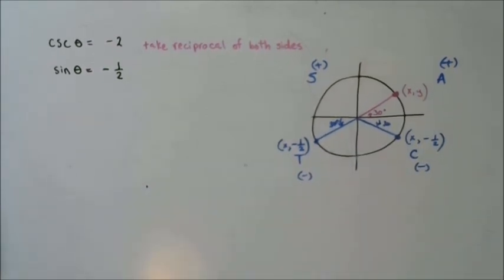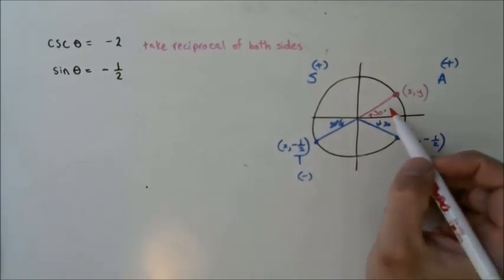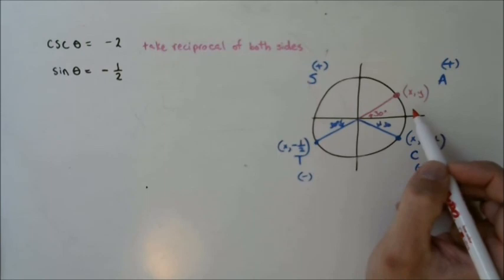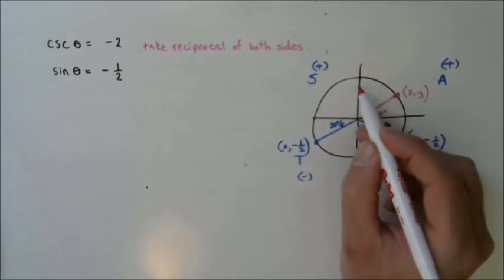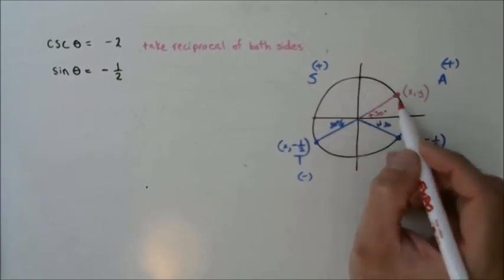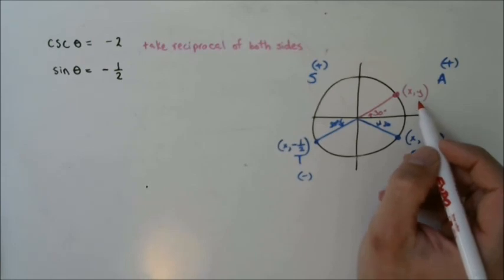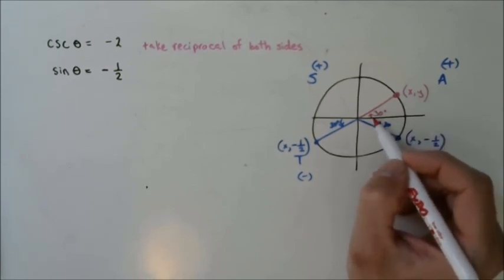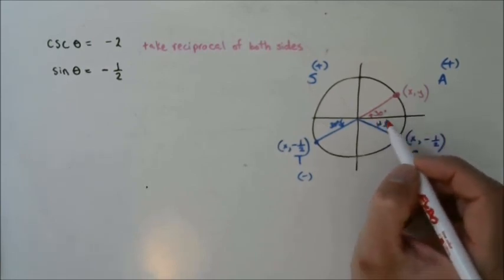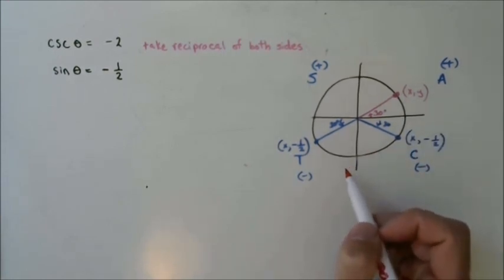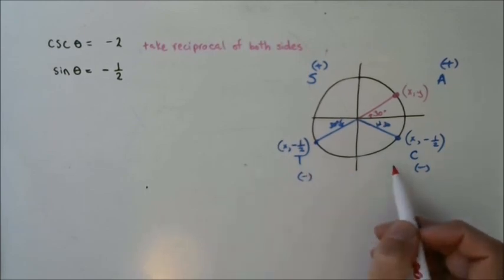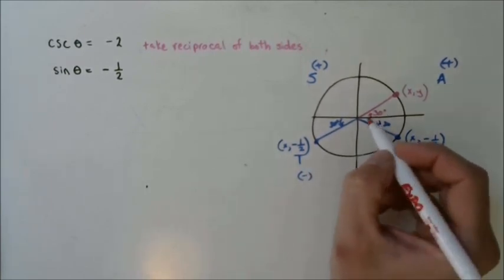So, summarizing what this is, we used our reference angle in our first quadrant here, which was not the angle that we're looking for, but I know the coordinates of everything in my first quadrant here, so I could tell that y was 1/2 at an angle of 30 degrees. And then using that as a reference angle, I determined that the sine ratio is negative in quadrant 3 and quadrant 4.